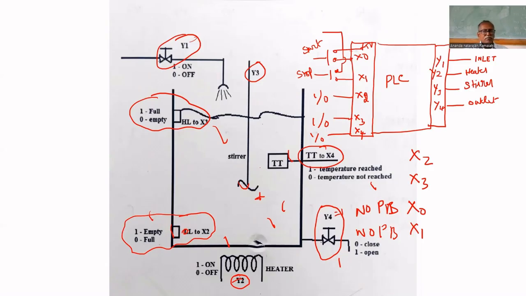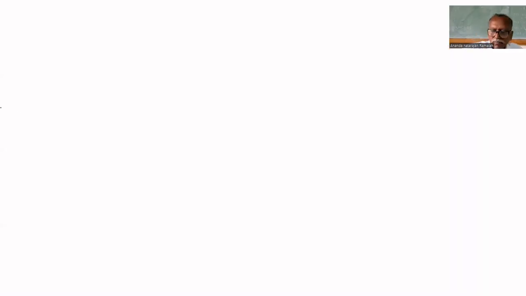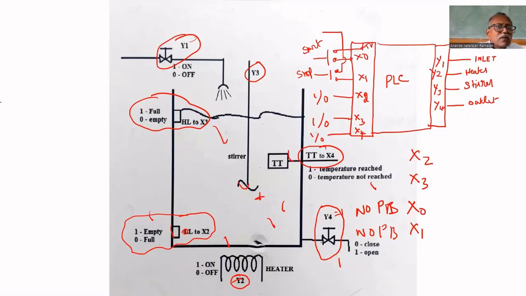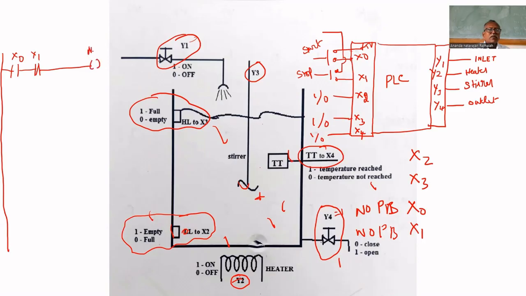Now we have to write the program. Here itself we can write. Push button X0 is to turn on and X1 is to turn off. Let us put memory variable M0.